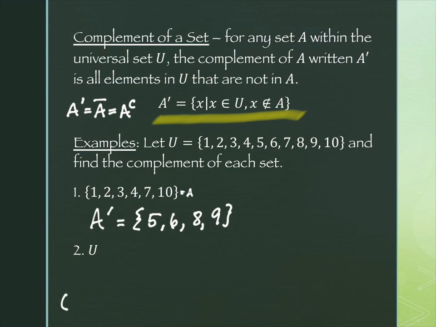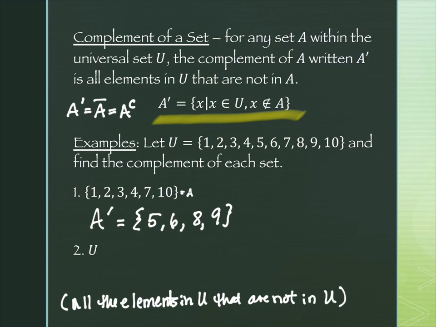Well, literally what it's saying is I want all the elements in U that are not in the universal set U. All the elements in U that are not in the universal set U. What would they be? It'd be nothing, right? I consider everything and then I say that I can't use it.